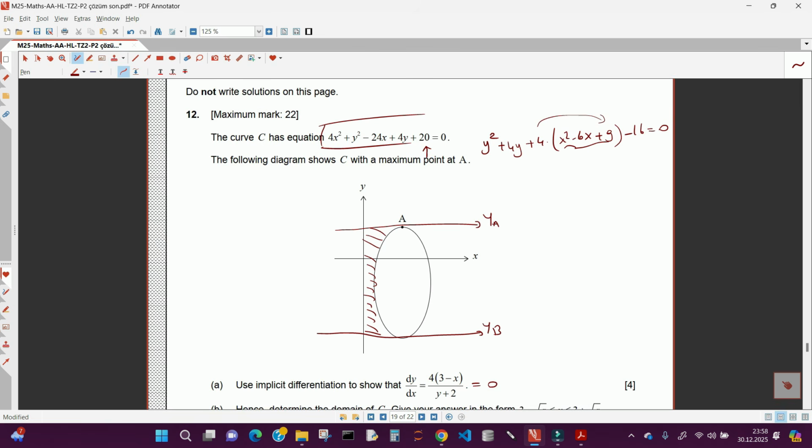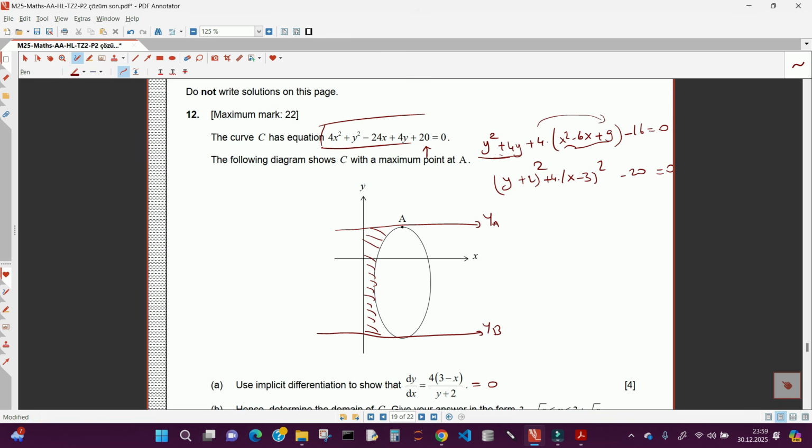From here you can write again for this expression, it's gonna be y plus 2 squared and you will have 4 as a constant number. And so at the end of this equation we have minus 20. Here is x minus 3 squared, right? Yeah.